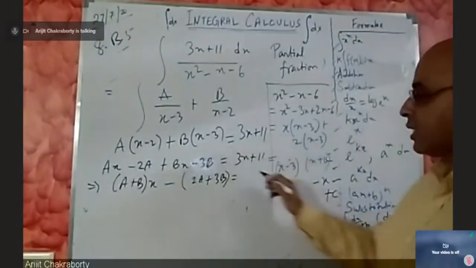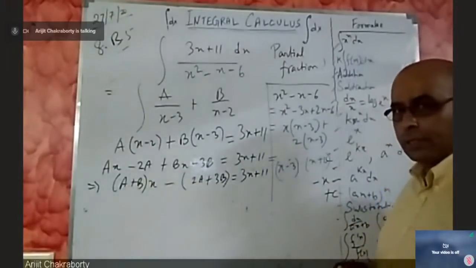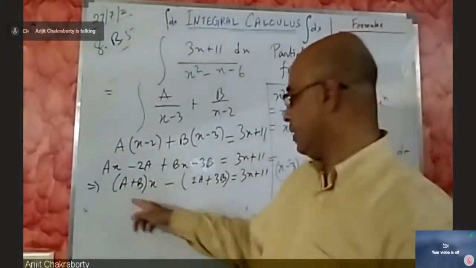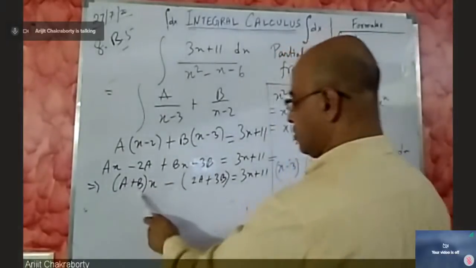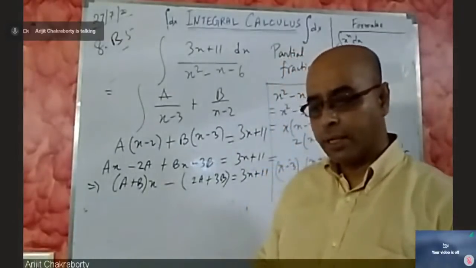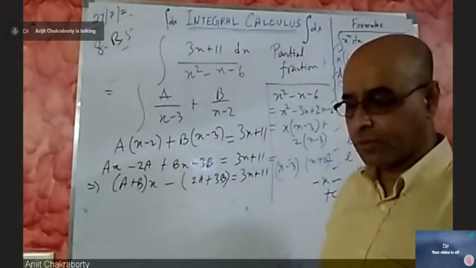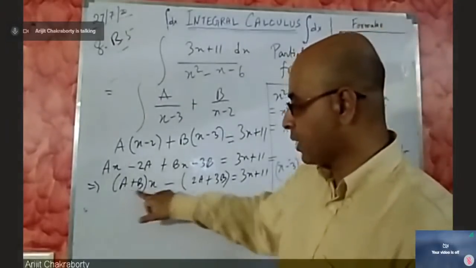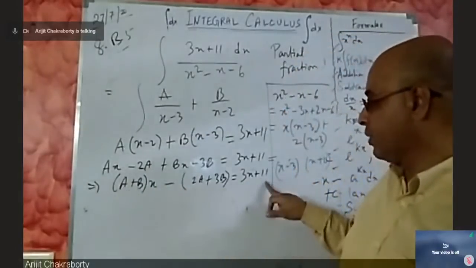So I can write this as 3x plus 11. From here you can easily understand that a plus b is equal to 3, because the coefficient of x is 3, and then we have minus 2a plus 3b is 11.